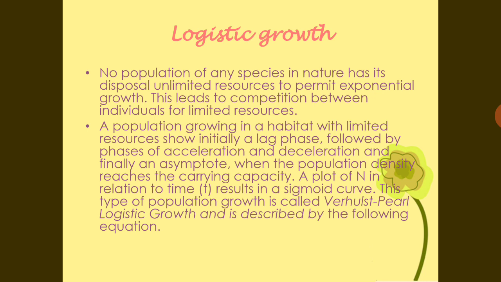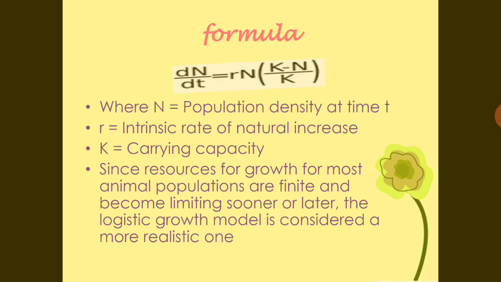The sum of these environmental factors that limit the population size is called environmental resistance, and it rises with the rise in population size. The influence of environmental resistance over the biotic potential is given by the formula dN/dt = rN (K - N)/K, where K is the carrying capacity of that particular area, N is the population density at a time, and r is the intrinsic rate.